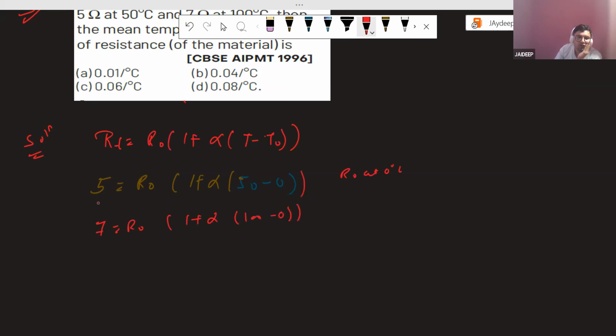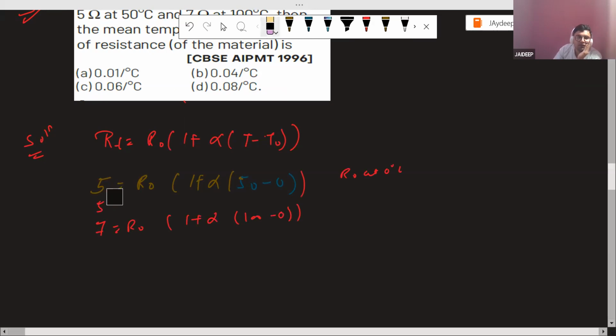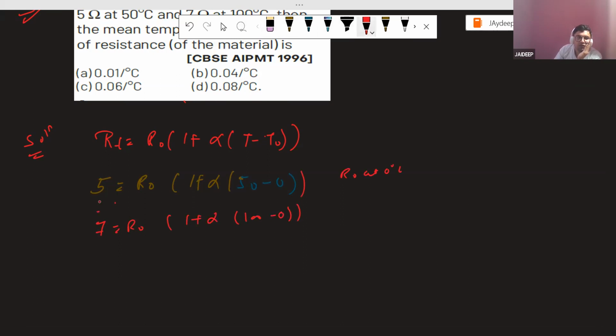So if you solve it, this is 5 equals R0, 1 plus 50 alpha. This is 7 equals R0, 1 plus 100 alpha. This is the first equation, this is the second equation. Now second divided by first.